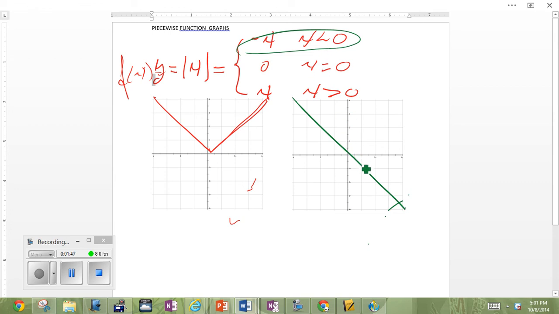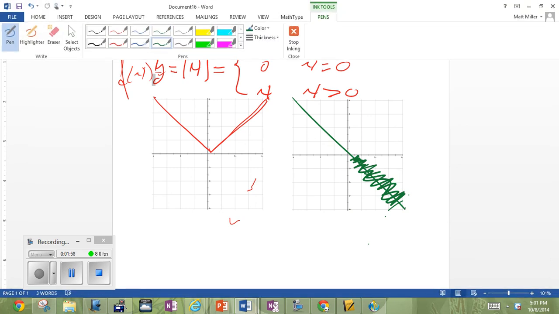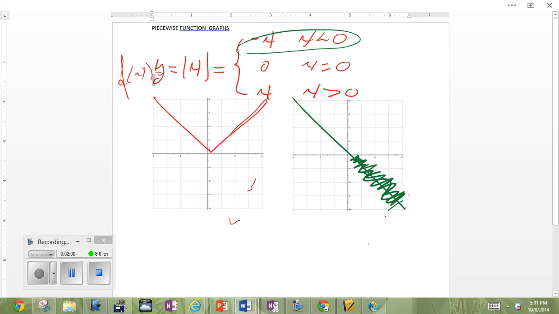So in other words, I've got to effectively erase all this, so that's not really there. So I'm going to erase all that, and I'll come back and do that. Let me do now in blue the other condition. The other condition says it is the graph of y equals x when x is greater than 0.